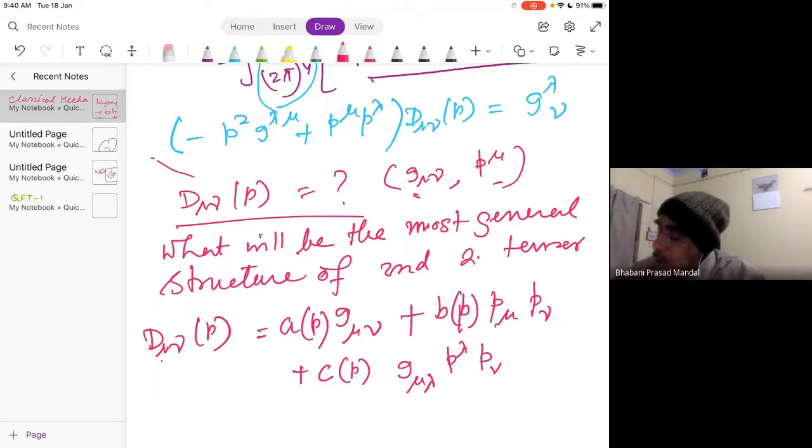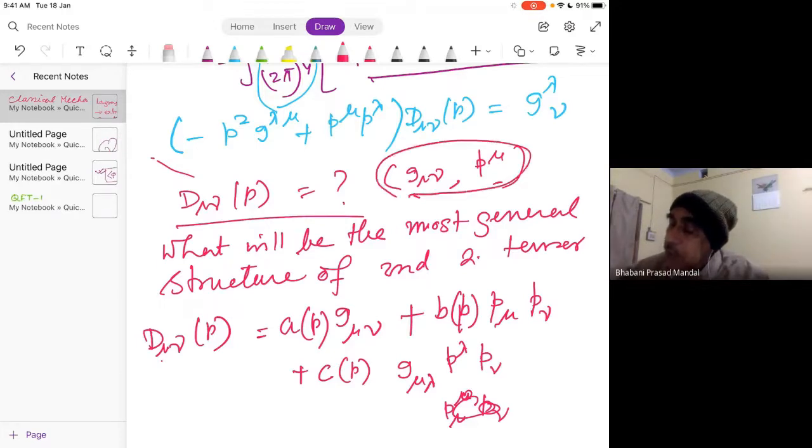So it's possible. But this is nothing but p mu p nu, and the p mu p nu term is already there. In fact, if you try to construct any other term out of these two by using them as many times as you want, you will never get any other new term.